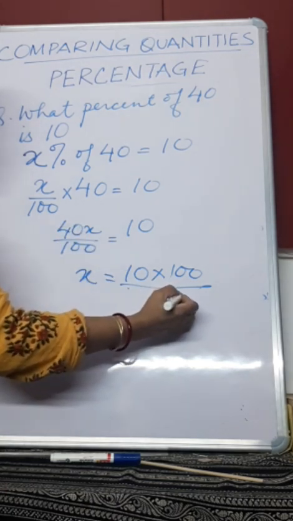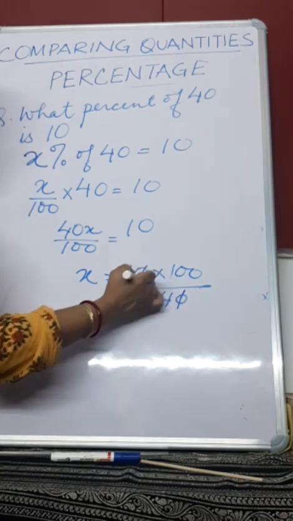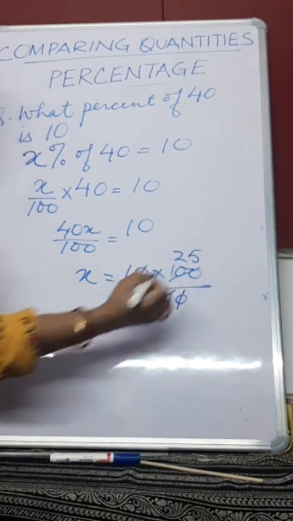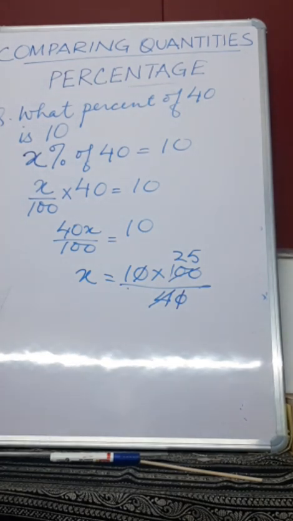Now we cancel. 0, 0, 4, 25. So we can say 25% of 40 is 10.